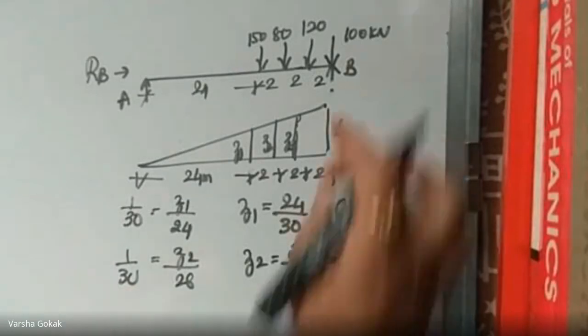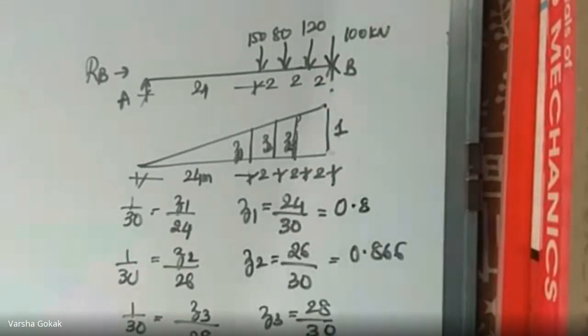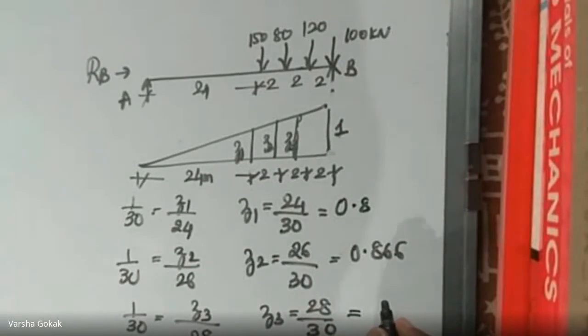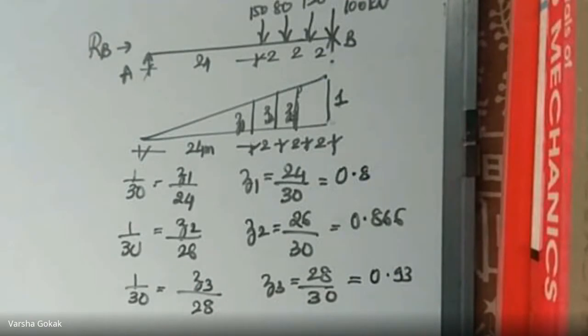And last one, 1 divided by 30 is equal to Z3 divided by this distance, that is 28. So Z3 is 28 by 30, which is 0.93. So these are our ordinates, not coordinates, ordinates.